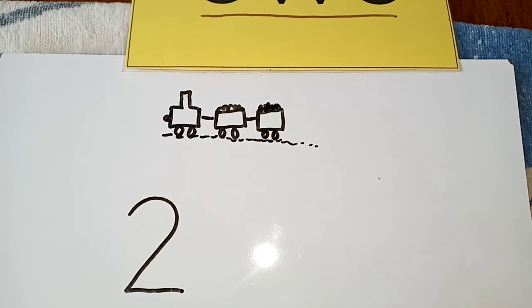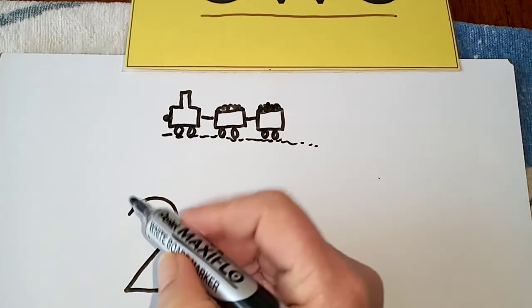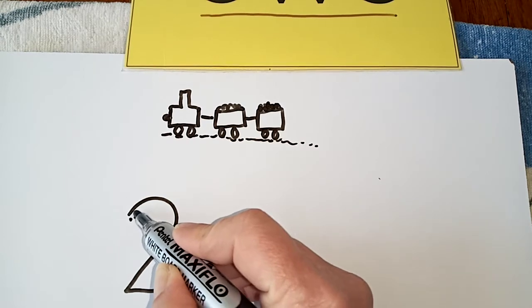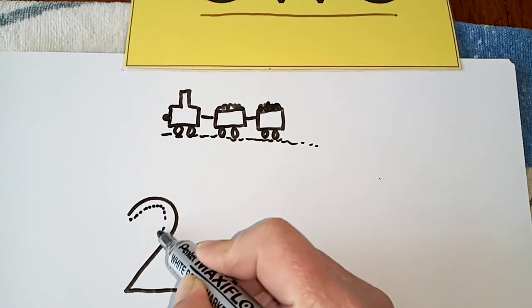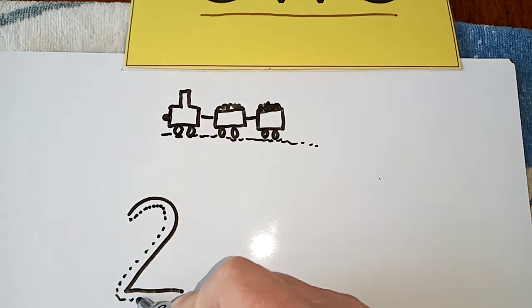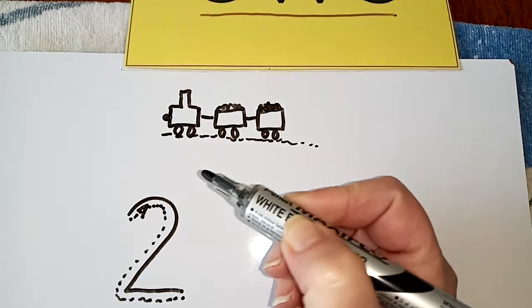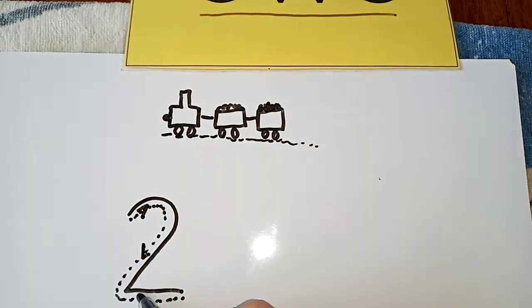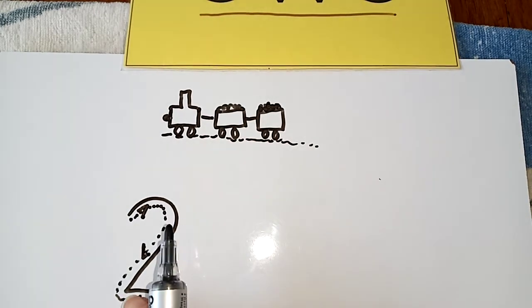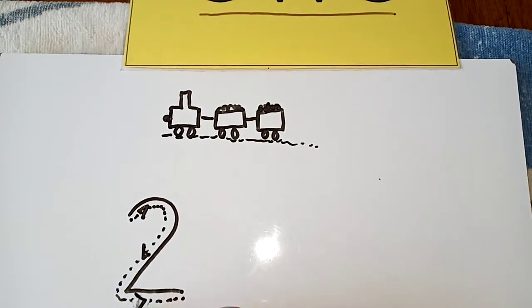Right, so the rhyme for number 2, we start here, so I'm going to do the dots around like that, and we go that way, that way, that way. Sorry, that way.